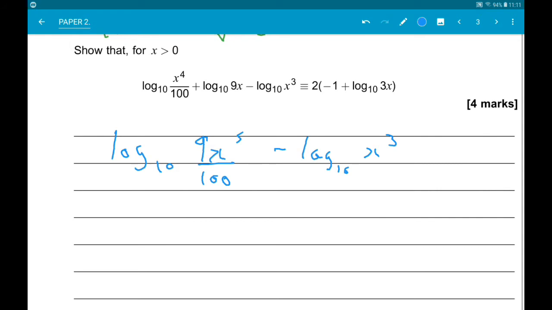Okay, now when we subtract logs, whatever's inside the second one divides the inside of the first one. So we then have log 10 of 9x to the power 5 over 100x cubed.